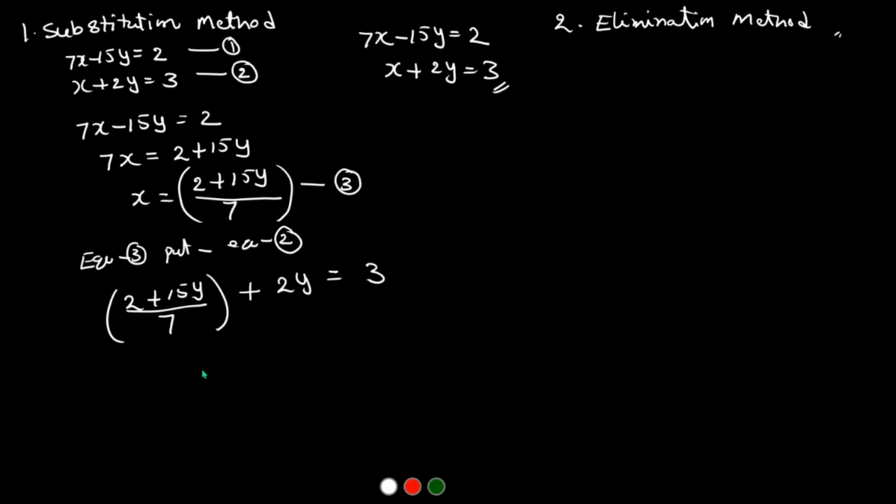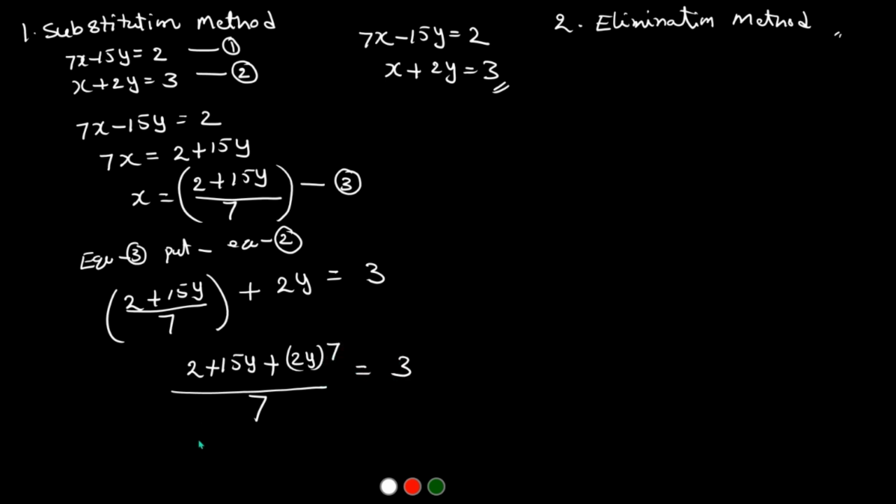Let's take the LCM 7 here. Then it becomes 2 plus 15y plus, the 2y will be multiplied by 7 so that both have the same denominator 7. So it becomes 2y into 7 is equal to 3.